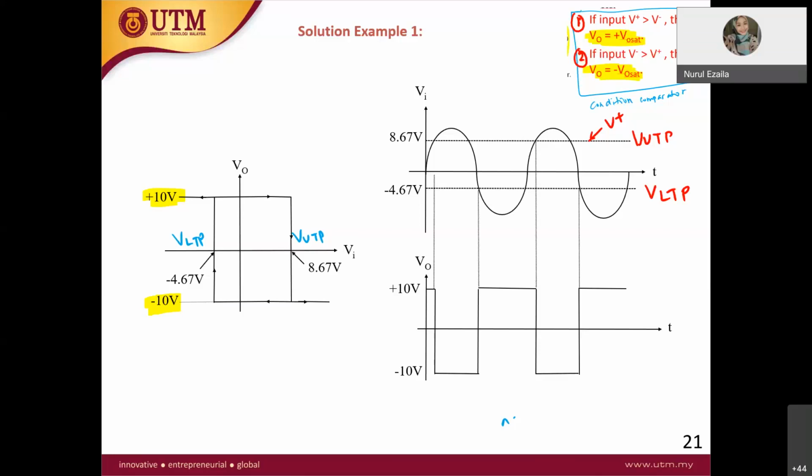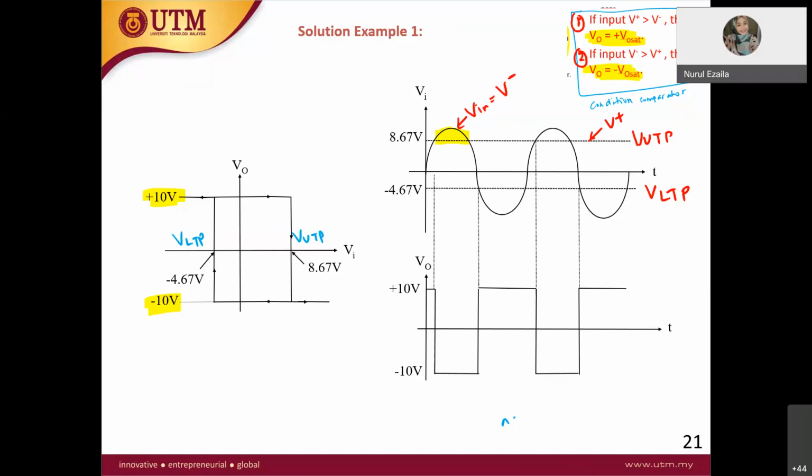So I want to take one point. This is V in, which is equal to the V minus. Let's try this point here. In this case, V minus is greater than V plus, the yellow region there.